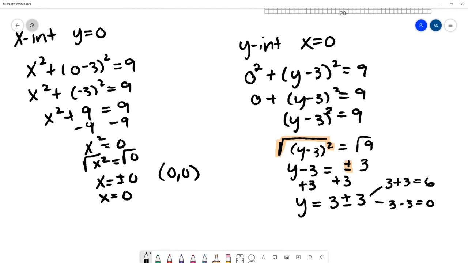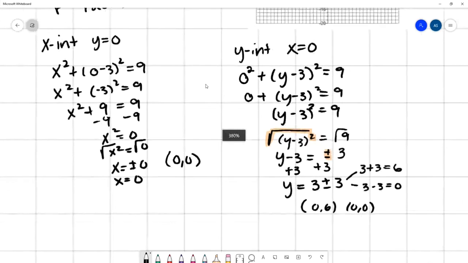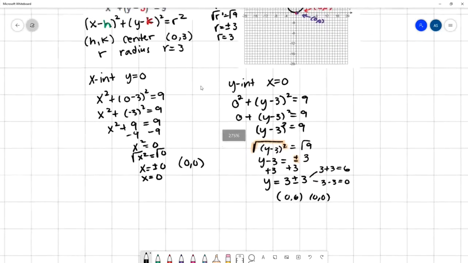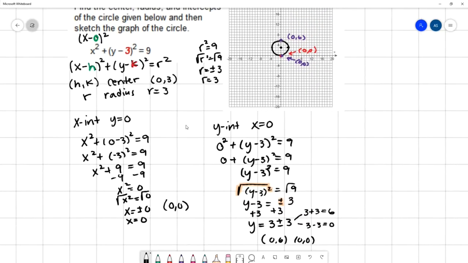So that gives us our two y-intercepts of 0, 6 and 0, 0. Let me zoom out so we can see everything here. We found our intercepts, our center and radius, and graphed the equation.